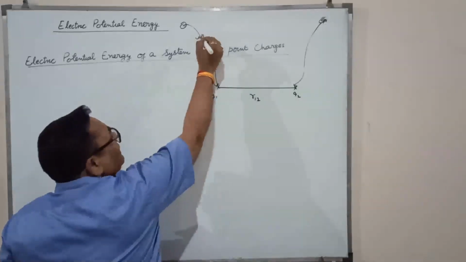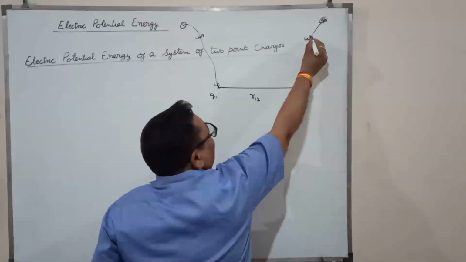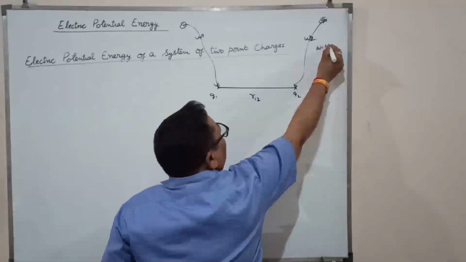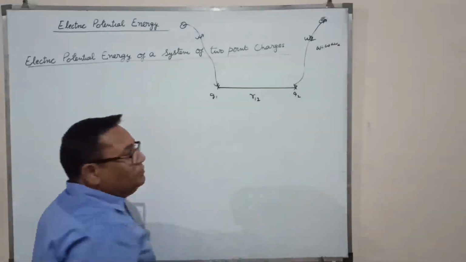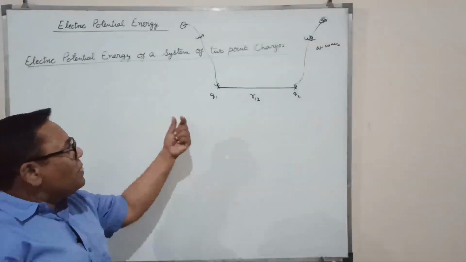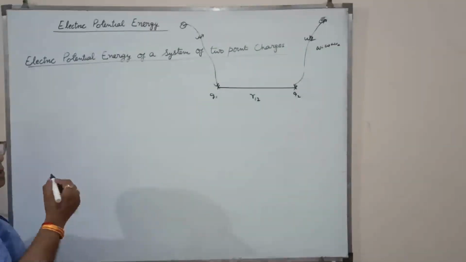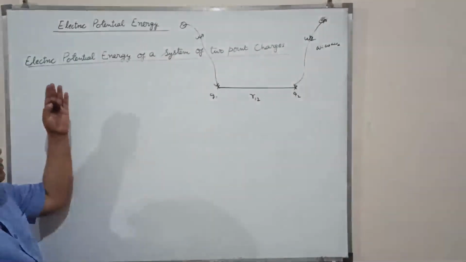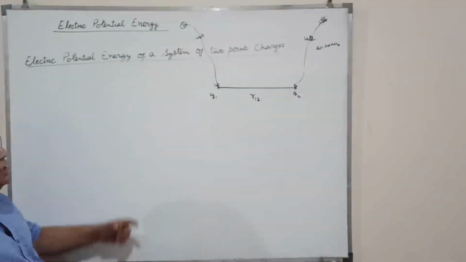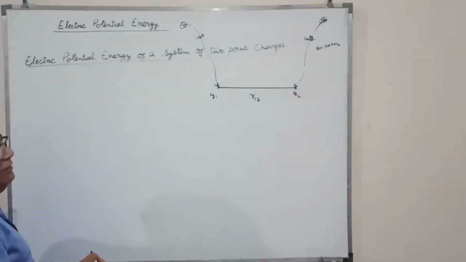And the work done in this process and the work done in this process, and the total work done is W1 plus W2. Clear?